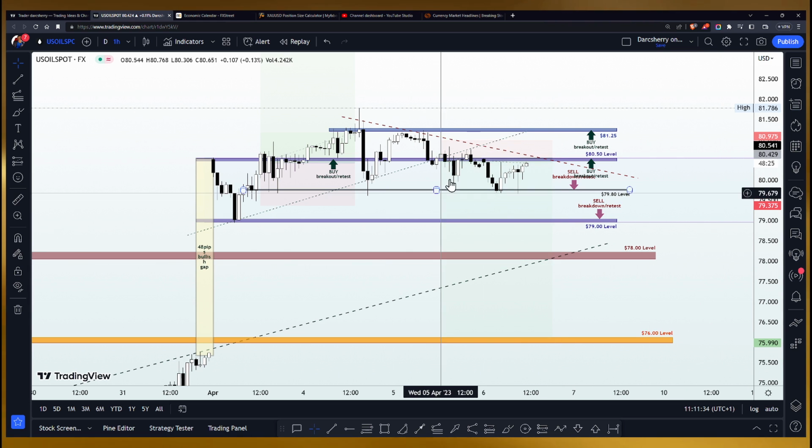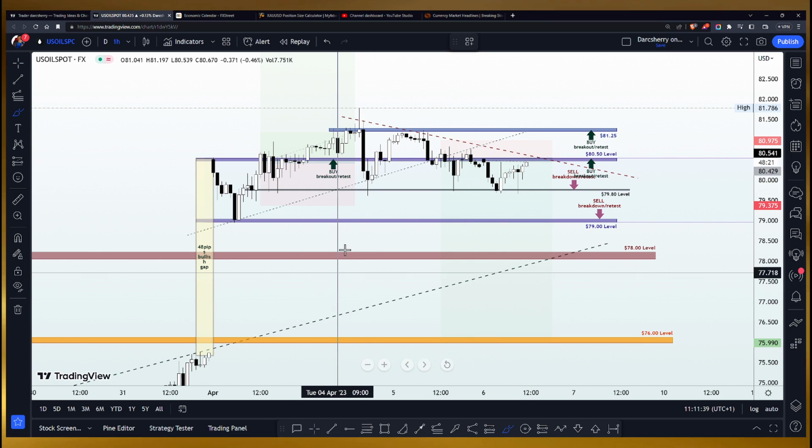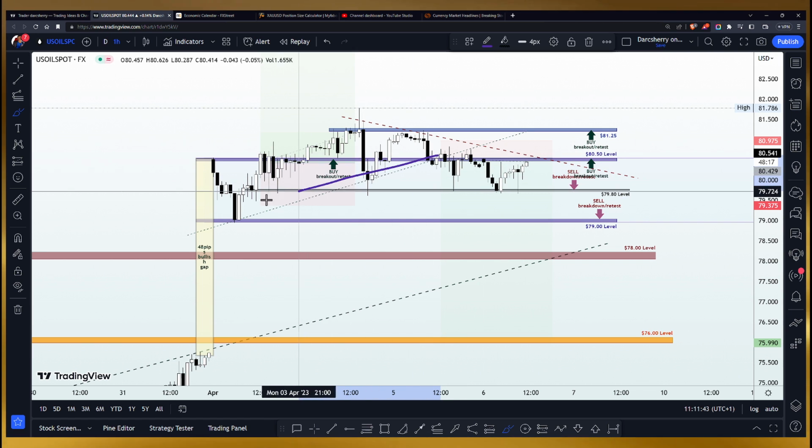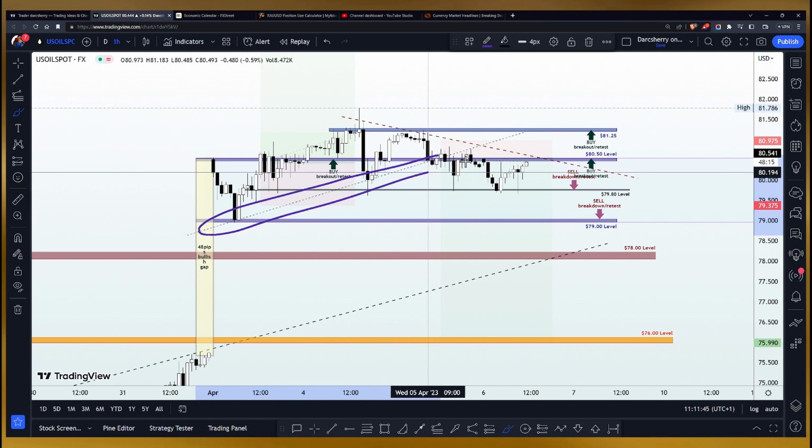Well, during the live session yesterday, we were looking out for selling opportunities, and we said if price action breaks down the bullish trend line, which has been supporting this momentum since the beginning of the week, then definitely we shall be looking out for a selling opportunity.